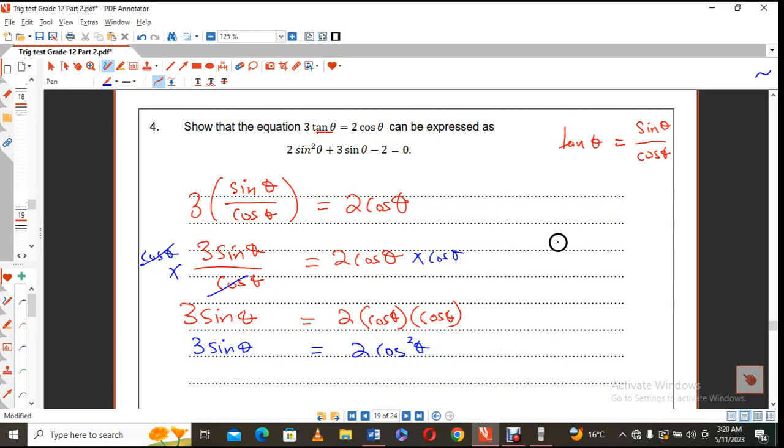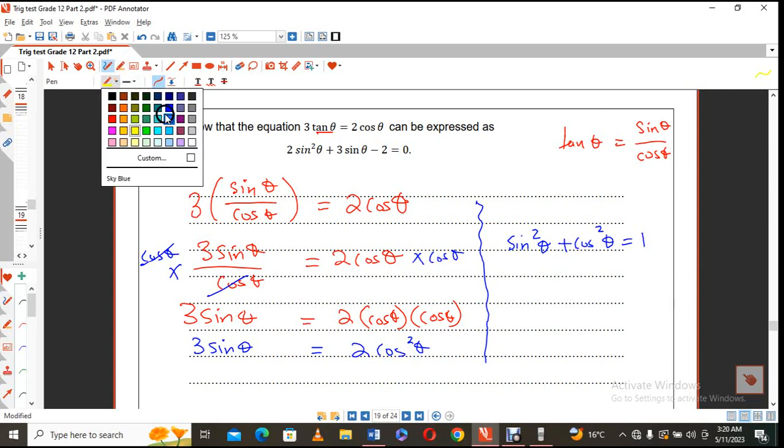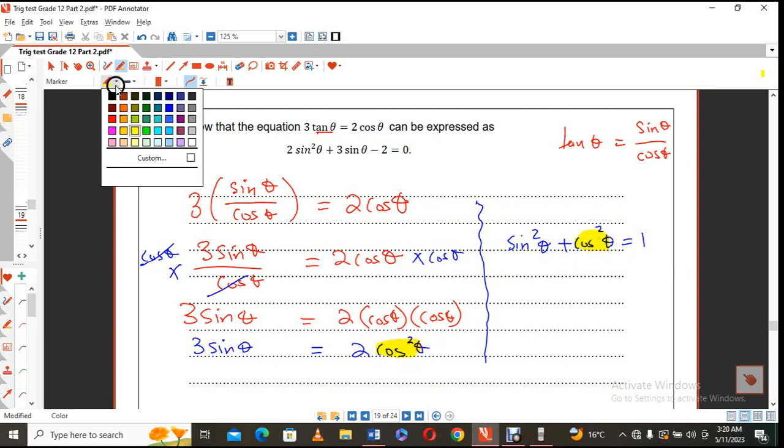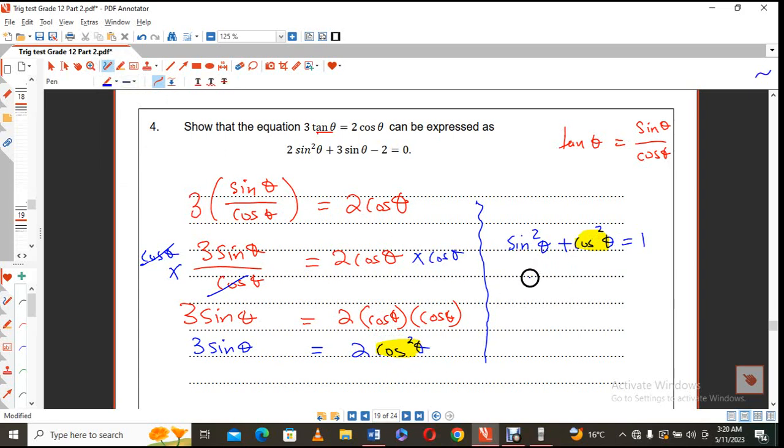Right? So also, I expect you to know that sine square of an angle plus cos square of an angle is equal to 1. So what I'm interested in is this cos square theta over here. So I'm going to make cos square theta the subject of the formula.